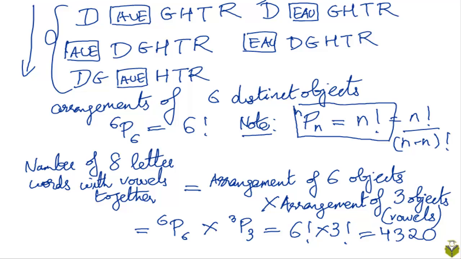So basically 2 things you have to remember. One is just that nPn is n factorial. So this is one fact you should remember from this question.